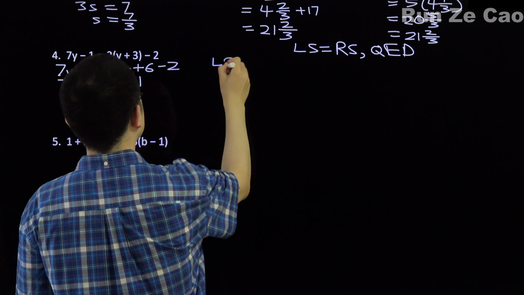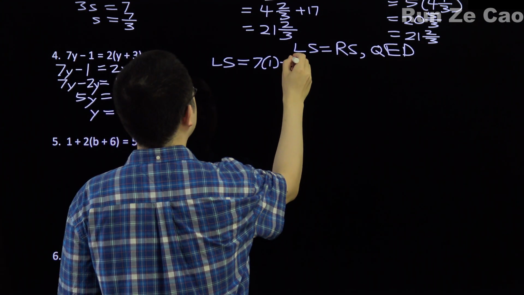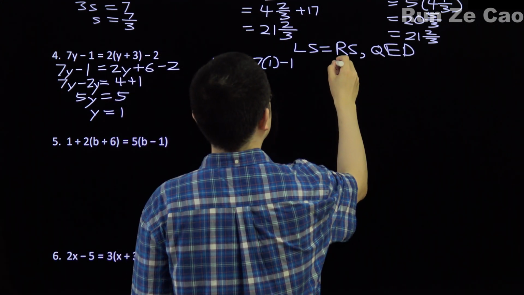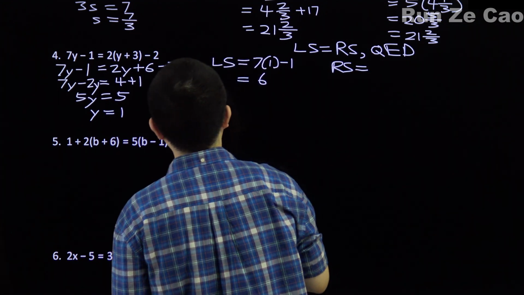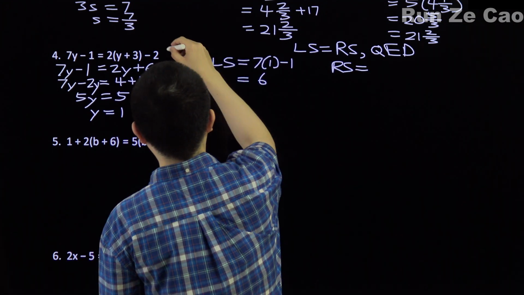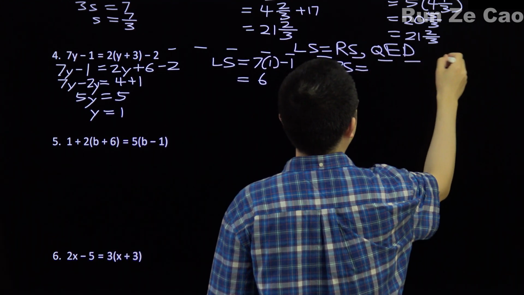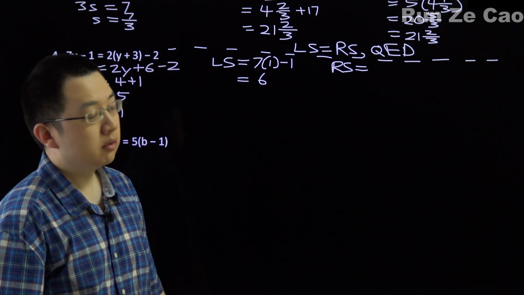So the left side is equal to 7 times 1 minus 1, which is, of course, 6. And the right side is equal to, in case your teacher doesn't like you having a lot of questions written close together, you might want to invest in dashed lines as a sort of separator. Just saying.